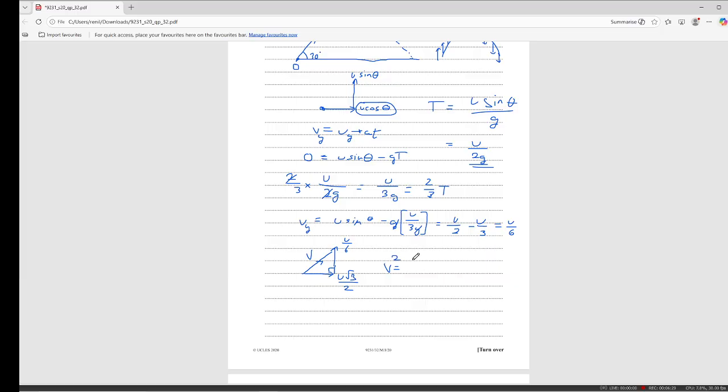So v squared equals u root 3 by 2 the whole squared, which is 3u squared by 4, and we're going to add that with u squared by 36. Upon adding it, let me just add that right now.